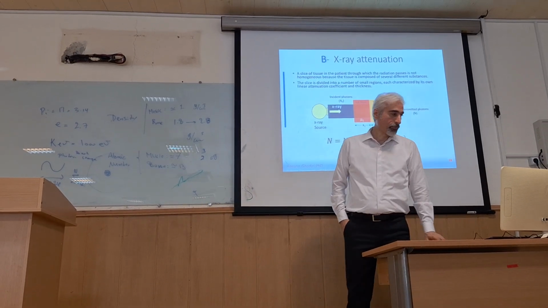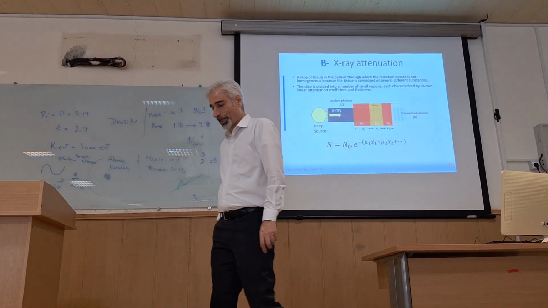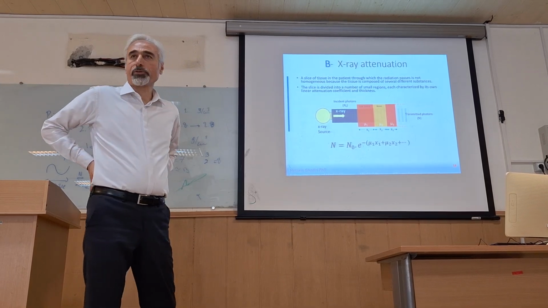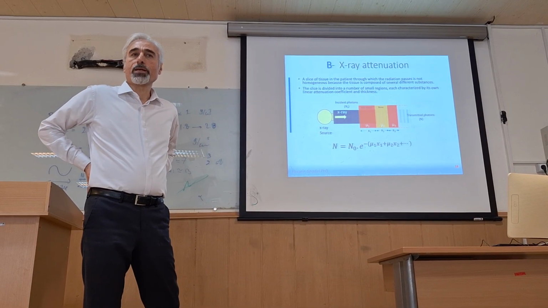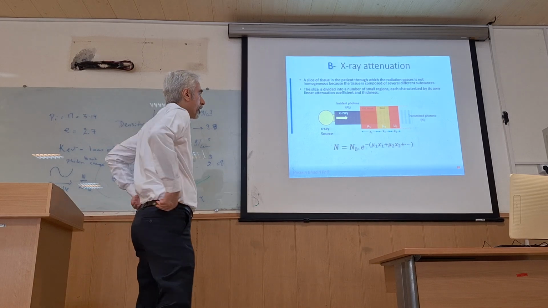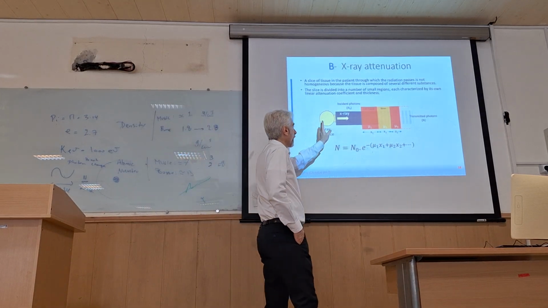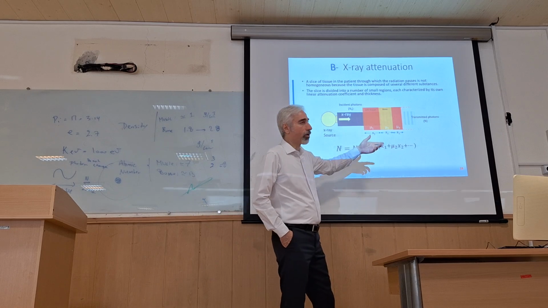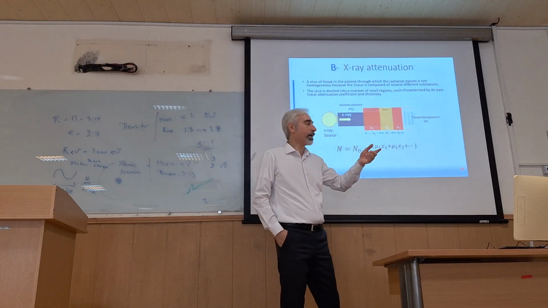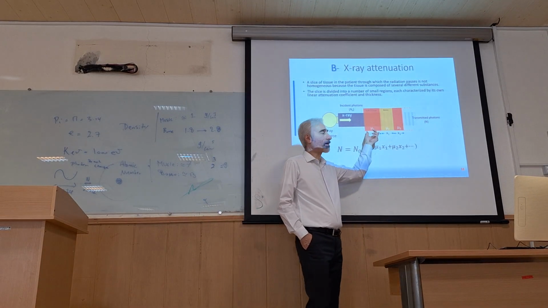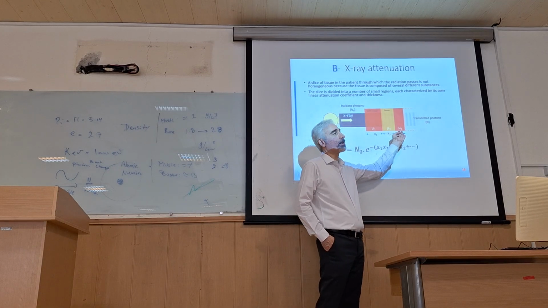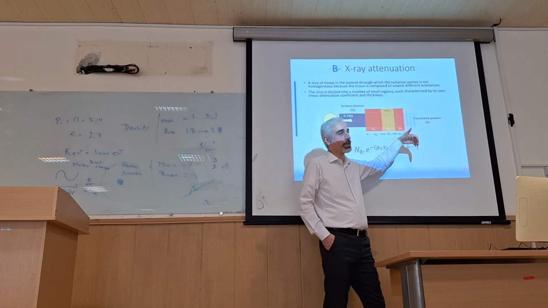in the patient body. But the structure is somehow different from what we saw in the previous example, because when the X-ray enters the body, first of all, it may encounter the skin and then the fat under the skin, and then, for example, muscle, bone, and after that.